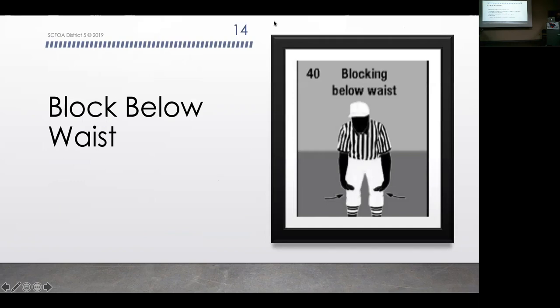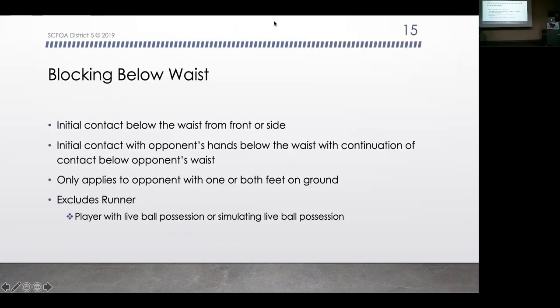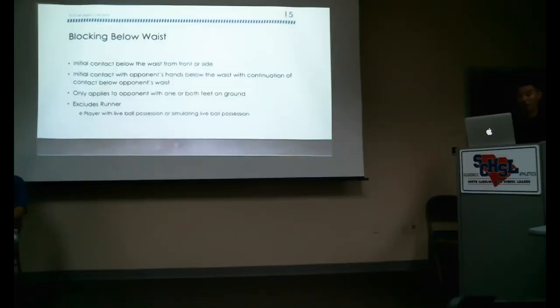From the back, it's an illegal block. We still have the signal for flipping. There's no signal for clipping. It's still in the book. I don't know why they didn't take it out. If somebody reports clipping to me, I'm going to change it to the illegal block.